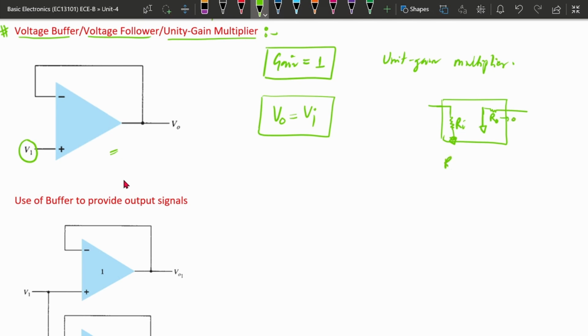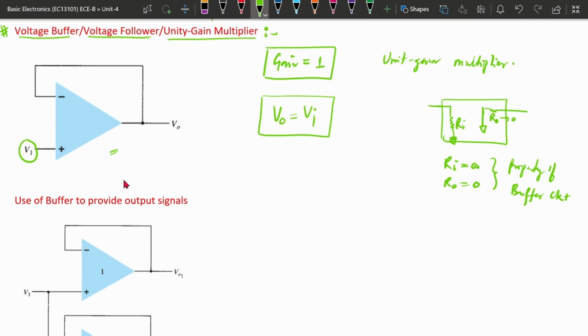So here input resistance should be infinity and output resistance should be 0. This is the property of a buffer circuit. We have already seen in previous classes how R input and R output affect the loading of the circuit.